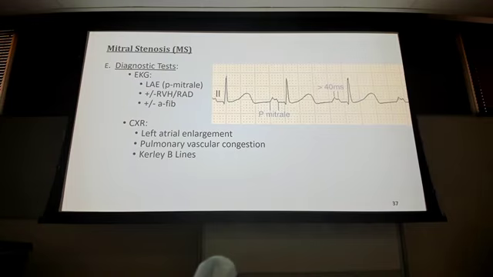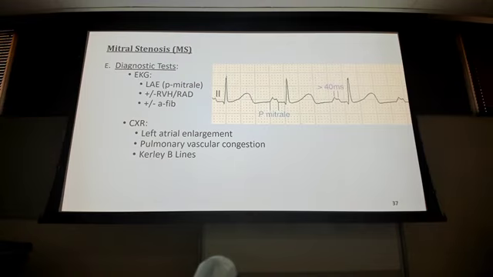So on your EKG, you're going to see a left atrial enlargement, or this P mitrale, where remember the P wave, the second part to it is due to the depolarization of your left atria, because it's delayed from the right atrial depolarization. So you're going to get this camel humped kind of appearance to your P wave.